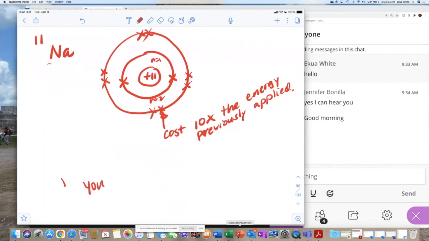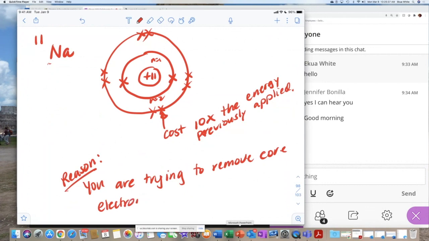The reason is you are trying to remove core electrons. I feel like the picture of Bohr's model helps us to understand core electrons a lot better than even the configuration, right?